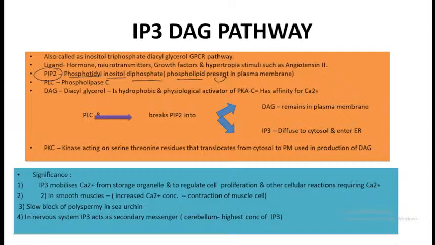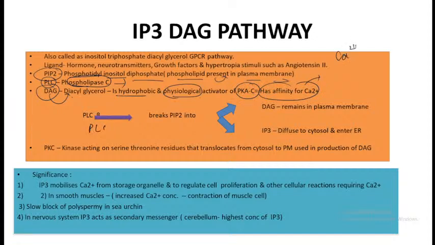It is the phospholipid that is present in the plasma membrane. Then we have PLC beta, that is the phospholipase C beta. Over here we have DAG as well, which is getting used up. It is hydrophobic and it is a physiological activator of the PKC, okay, and it has higher affinity for the calcium 2+ channels.